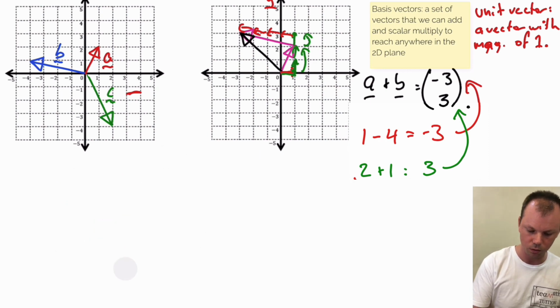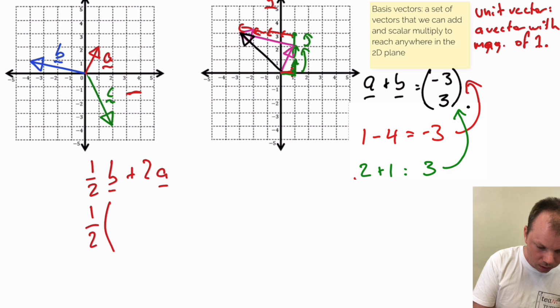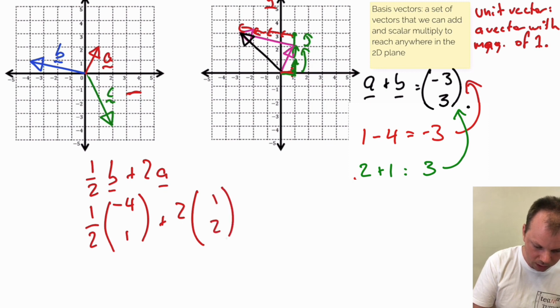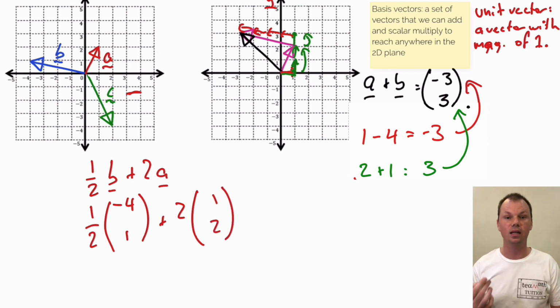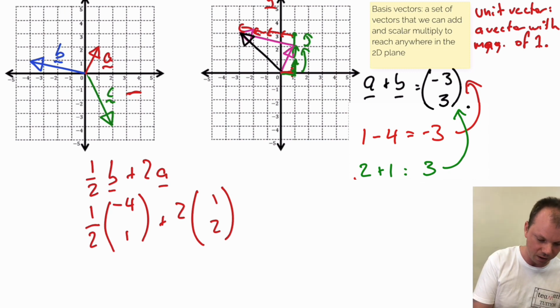Let's do half B plus 2A. So again, our B can be written as -4, 1. Our A can be written as 1, 2. Now the way we're working with these is exactly the same as would work with matrices. You can times the half into each of these components.